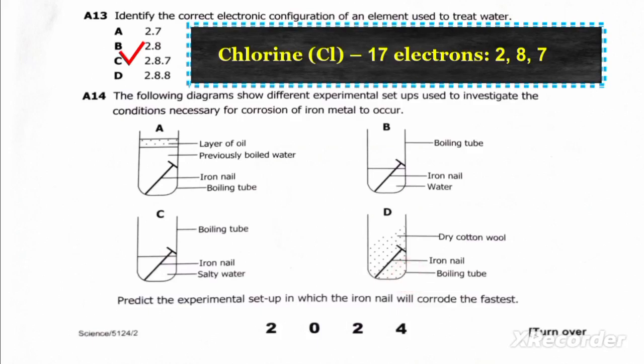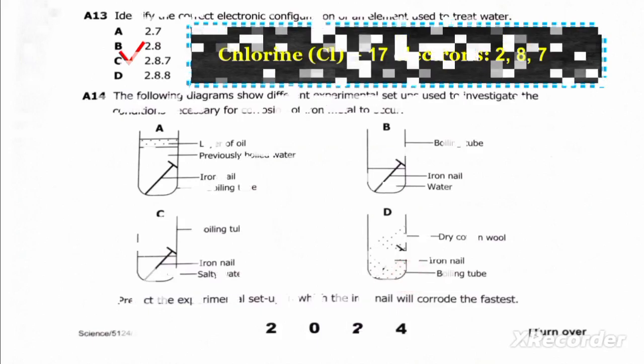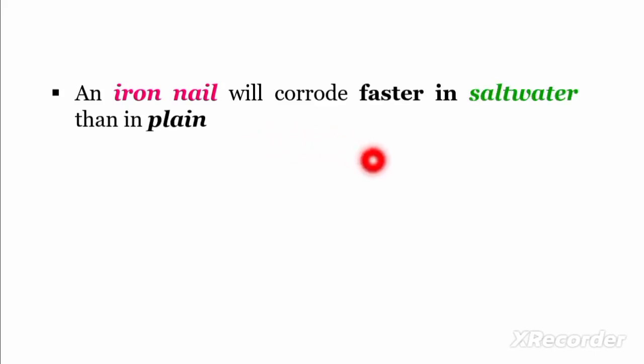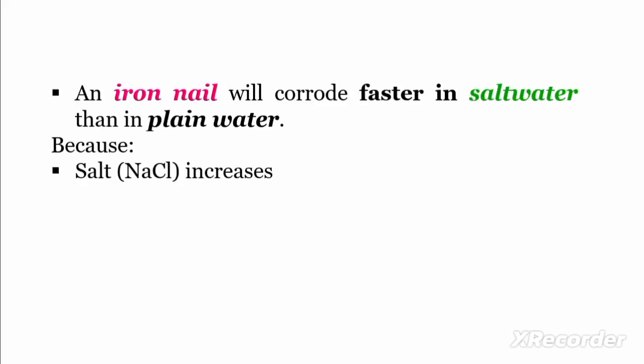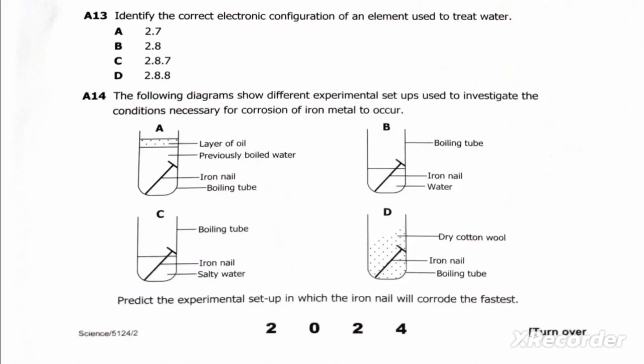Ladies and gentlemen, we need to remember that an iron nail will corrode faster in salt water than in plain water because salt increases the conductivity of water. So our correct answer here is D, having salt water.